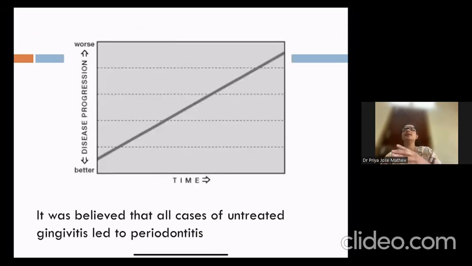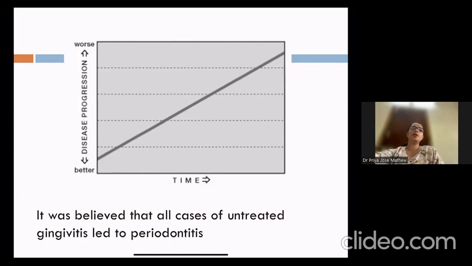When we see the graphical representation, it will be like this: disease progression on the y-axis and time on the x-axis, and we can see a tangential line of constant rate.